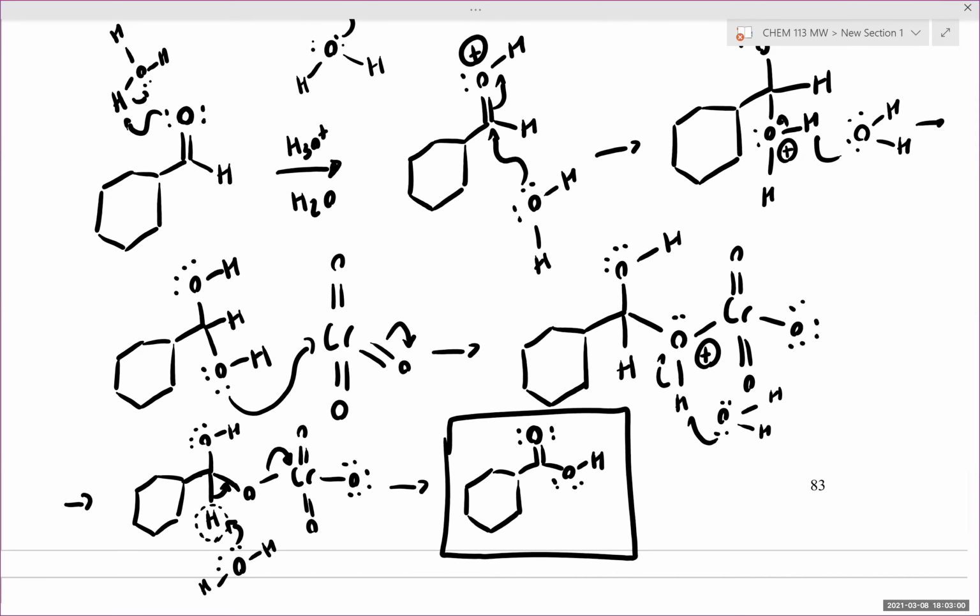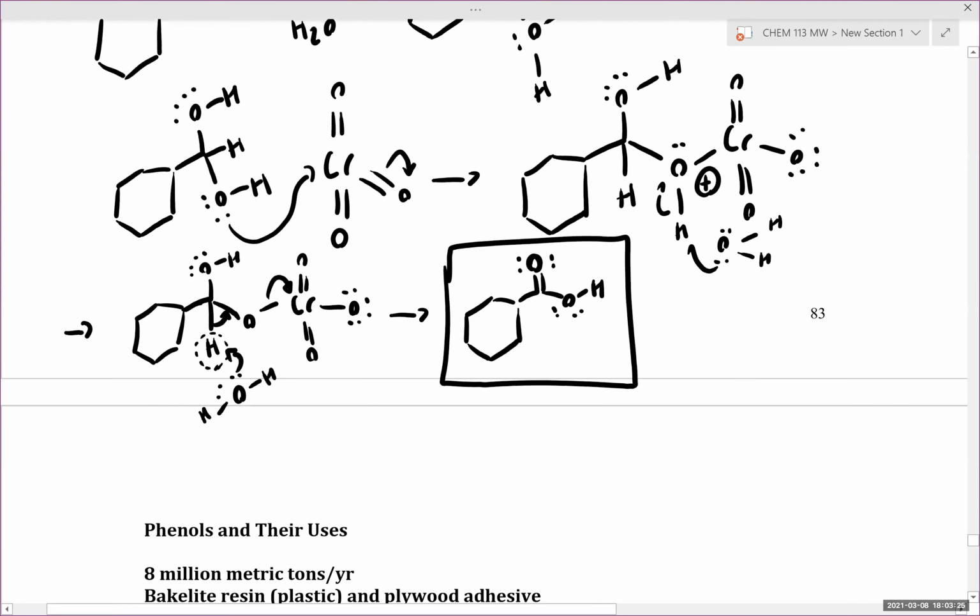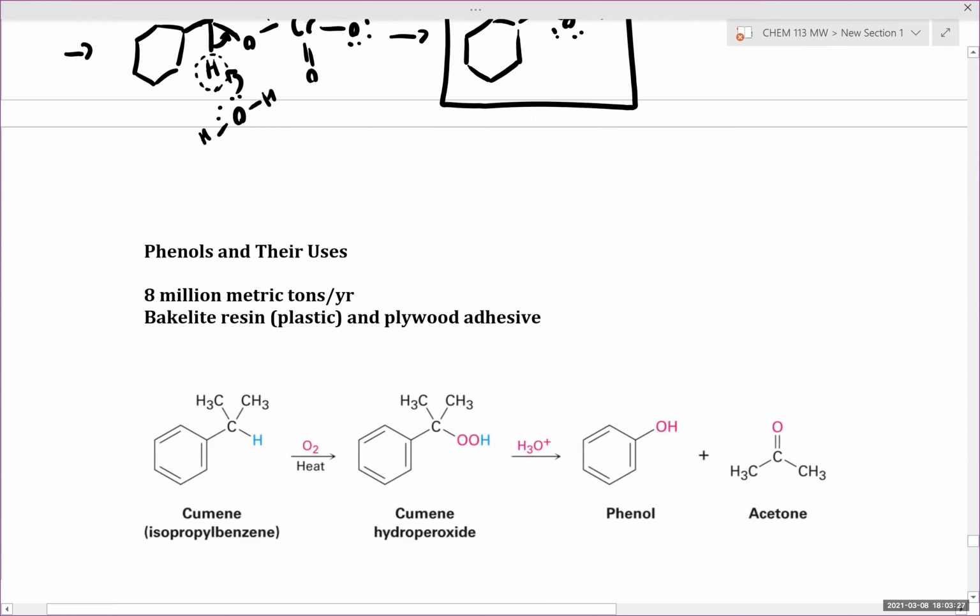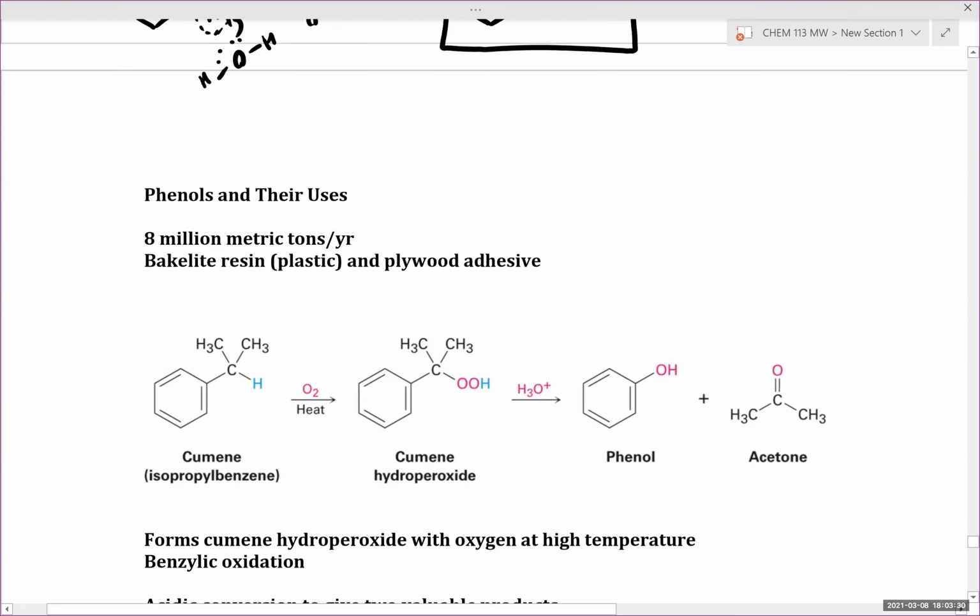Any questions on this example? If we don't have any other questions, let's keep going.